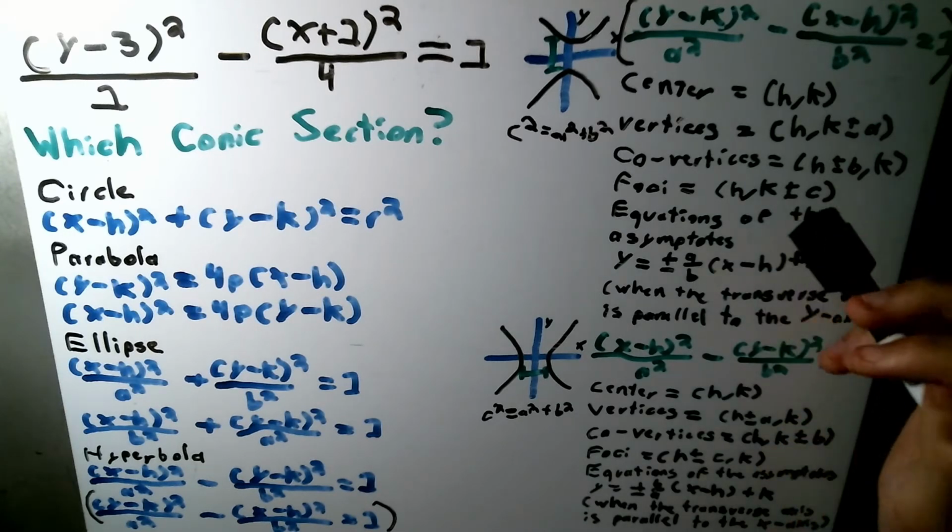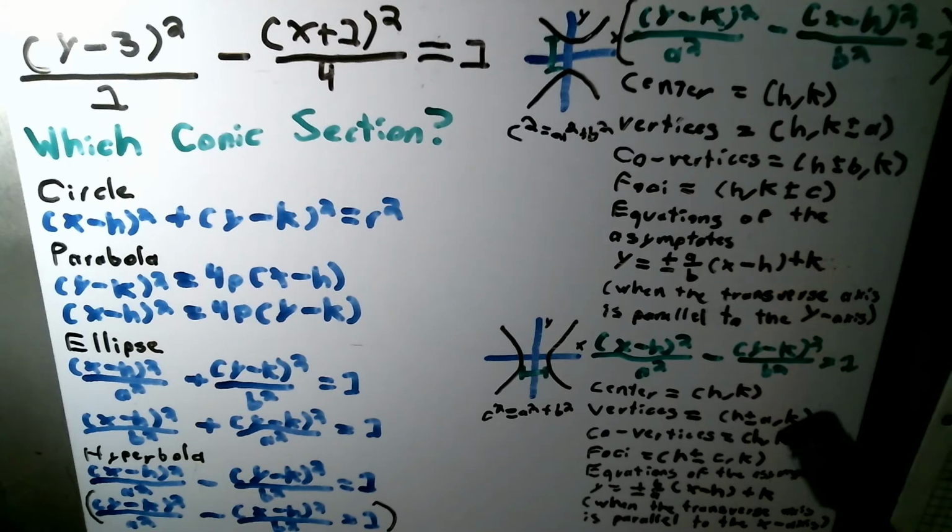This is the kind of hyperbola that we are working with: (y − k)² / a² − (x − h)² / b² = 1. The main thing that differentiates this variation from the other is that the transverse axis is parallel to the y-axis.